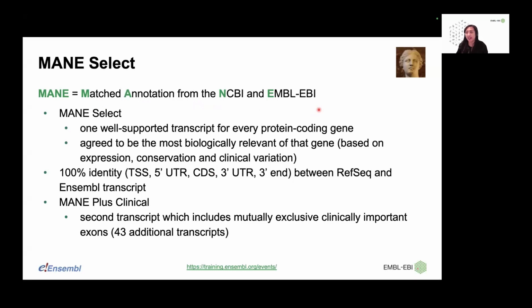NCBI have their own gene annotation pipeline, RefSeq, and MANE Select transcripts, so transcripts that have this MANE flag on them, are 100% identical in both RefSeq and Ensembl. The MANE Select transcript is also agreed to be the most biologically relevant and representative for the gene. So again, you have two independent annotation methods predicting the same annotation for a single transcript, meaning that there is more confidence in the annotation.